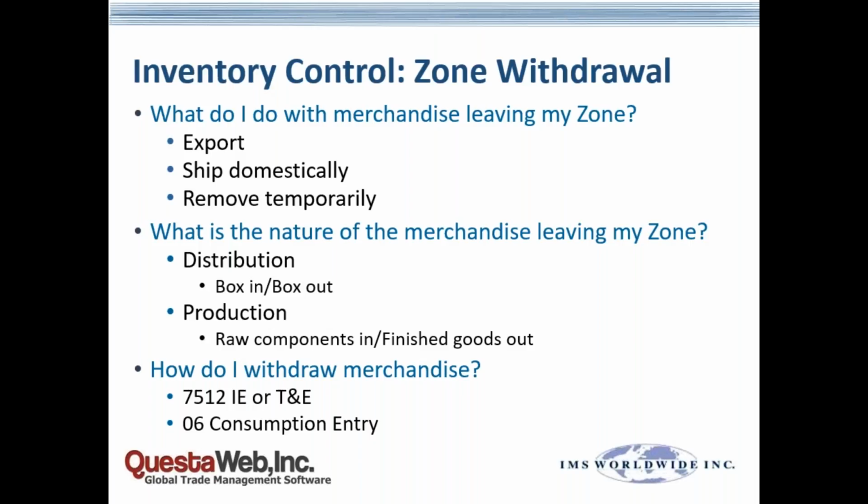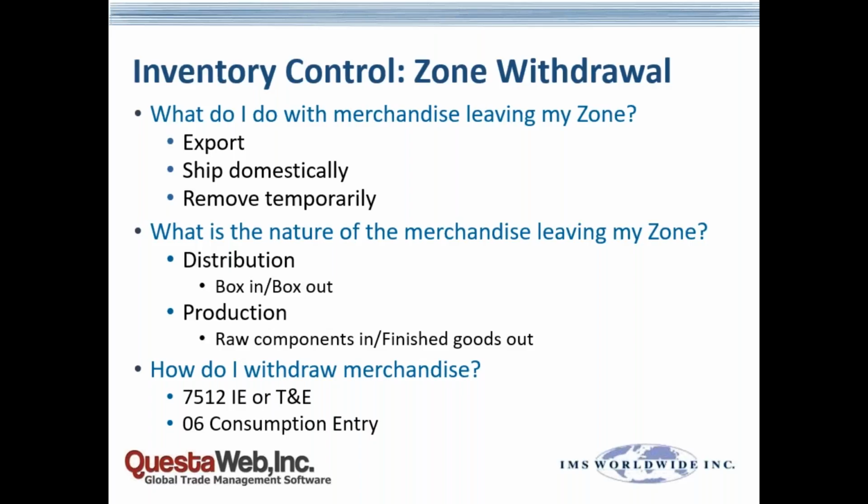And then production is, obviously, as we've talked about here, do I have any components or raw materials that are coming in, and a finished good that is going out of my foreign trade zone? Because again, as I just mentioned above, that's going to understand how I take that export document or that import document and make that blow back into an ability to trace what foreign components went into what I'm actually shipping.